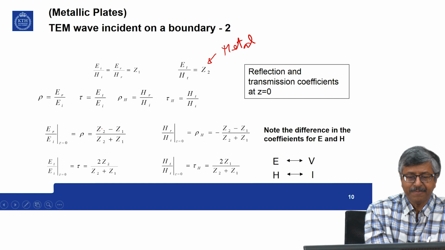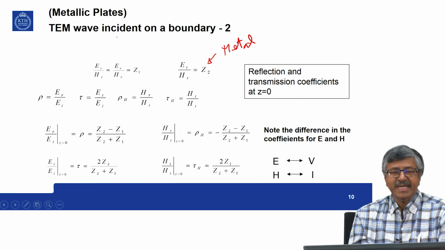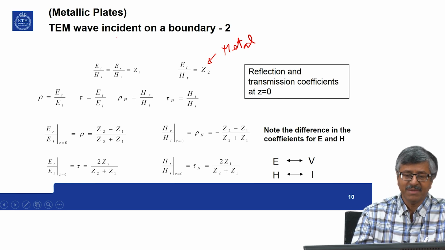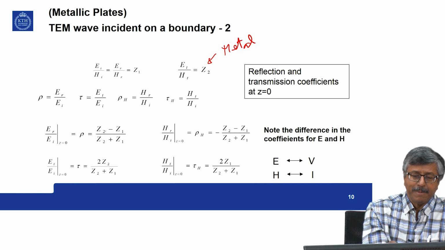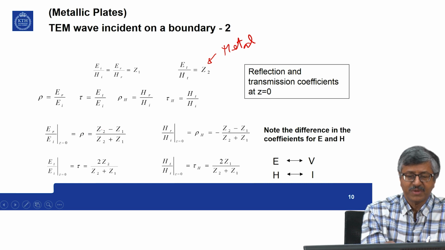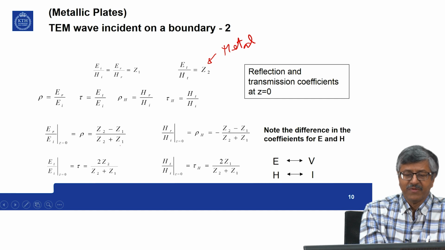You can write, since we assume that the wave is TEM and inside the metal also it is TEM kind of wave, even though it is attenuating, we can say that rho equals Z2 minus Z1 divided by Z1 plus Z2, that is the difference in the impedances divided by sum of the impedances.